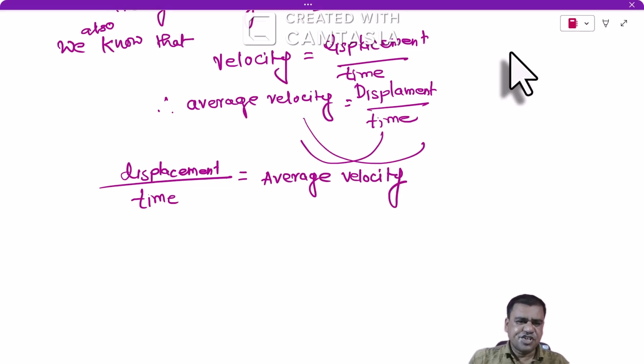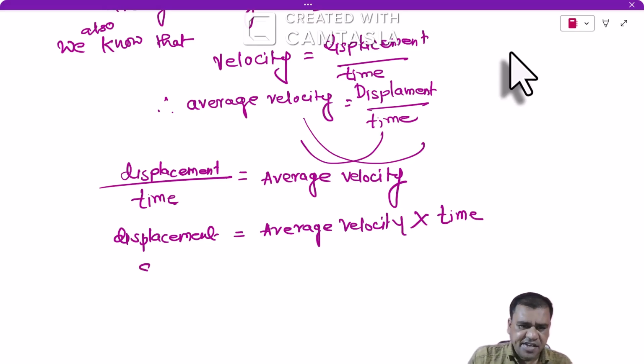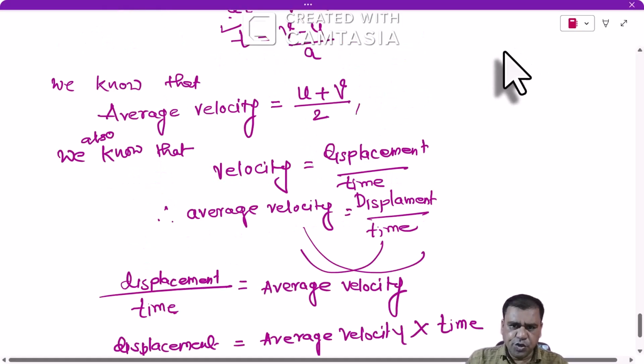Now this displacement can be calculated as average velocity into time. On the right hand side it is a multiple. Now mathematically it can be written as s equals, we know the average velocity, that is nothing but (u plus v) divided by 2.